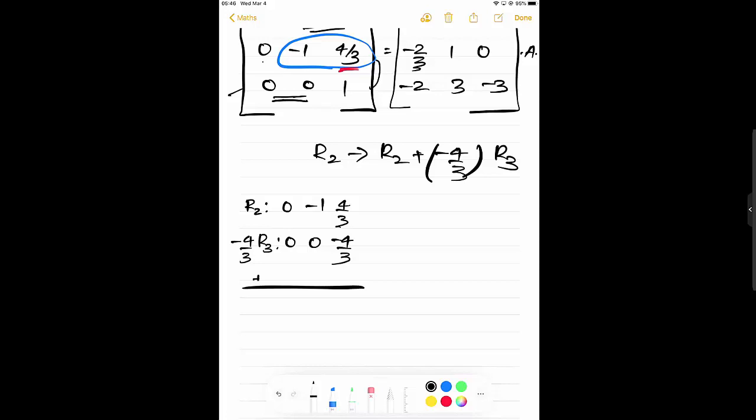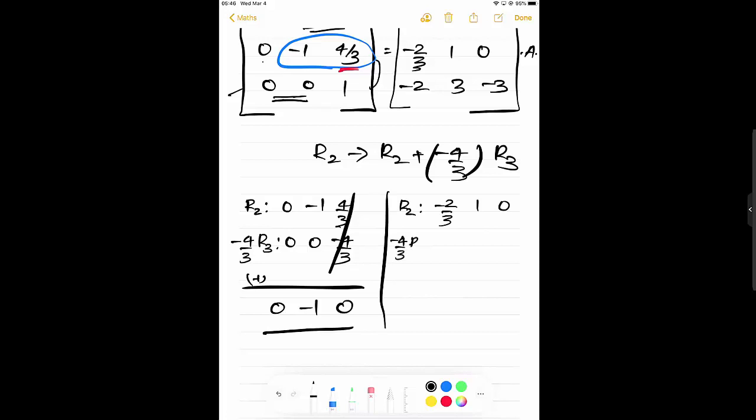If you do addition, this will be 0, minus 1, 0. On the right hand side, R2, then minus 4 by 3 into R3, if you apply, it will be 8 by 3, minus 4, 4. If you solve this equation, it will be 2, minus 3, 4. So this is for row 2.